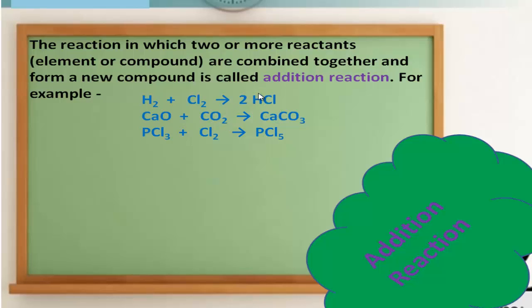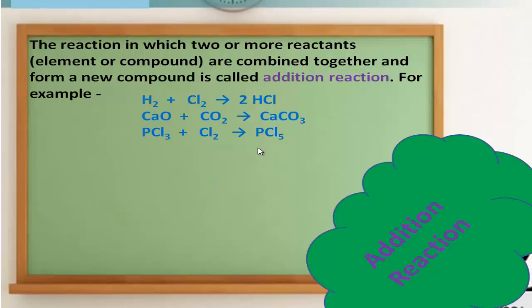But follow here, in these reactions the product is always only one. That means the number of products will always be one, but the reactants may be more than two and may be elements or compounds. You just have to carefully observe the reaction and then you can easily identify this is an addition reaction.